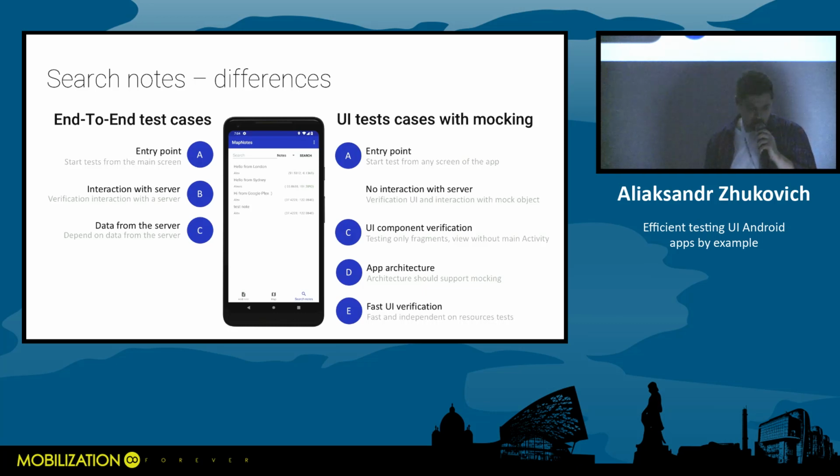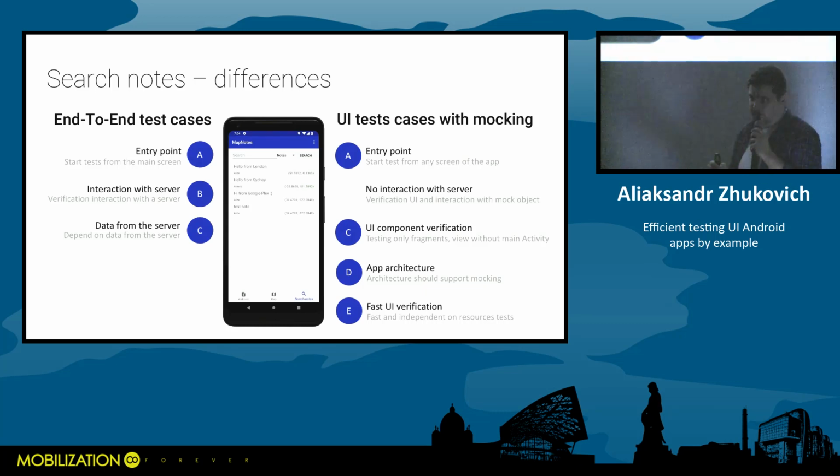A great benefit here is that we can test a view independently with a UI test plus mocking. Let's imagine that we have some screen with a lot of dependencies and a fragment with search. And if you would like to concentrate only on testing this fragment, you can create your test activity, add your fragment to this test activity, and just verify it.